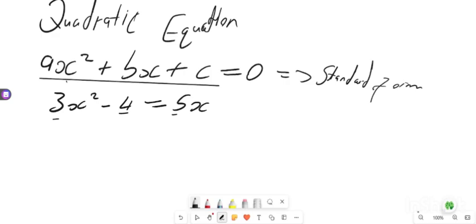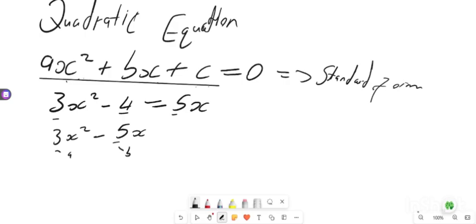So we write 3x squared, then minus 5x, which is b, equals 0.